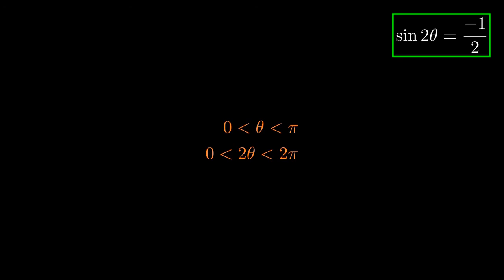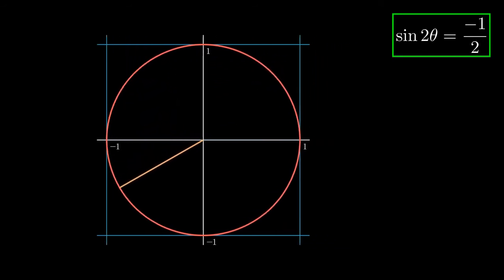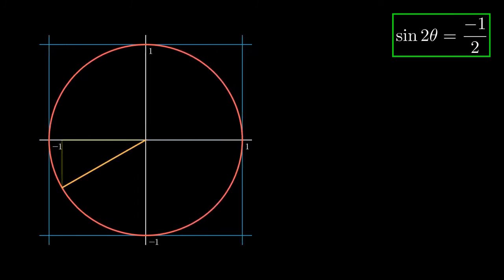So we'll solve for 2 theta, and then finally we'll get theta. How do we get negative 1/2 for the sine? Let's look at the unit circle here, and go all the way to there. We're in the third quadrant, and we've got a triangle we want to look at. So let's pull it out, take a look at it. This is a famous triangle. Hopefully you've got this in your head.